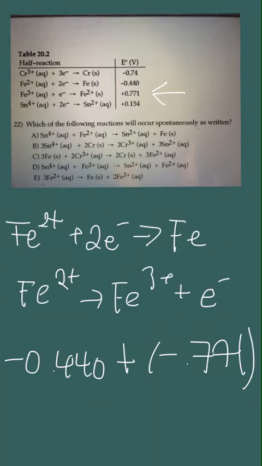So, E standard is negative 1.211 volts. Since it's negative, it can't be a spontaneous reaction.